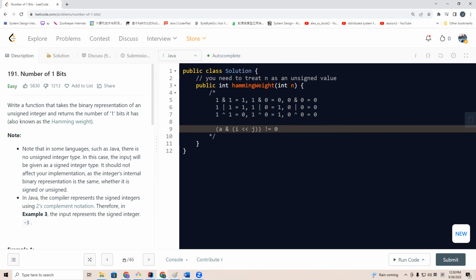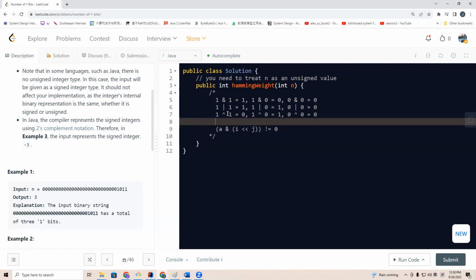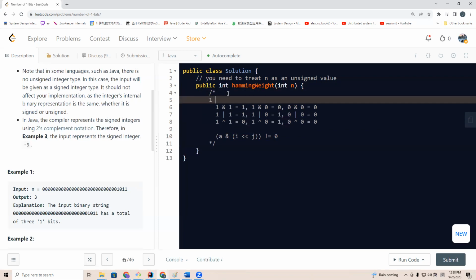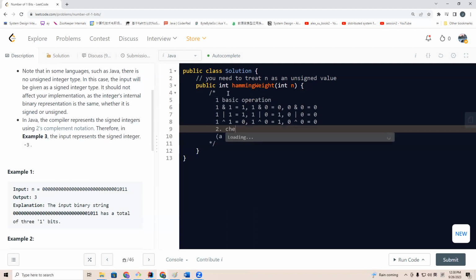Of course, we can do it this way with a for loop over 32 bits and then do the counts. So first is the basic operation, second is checking whether a bit is 1 or not.